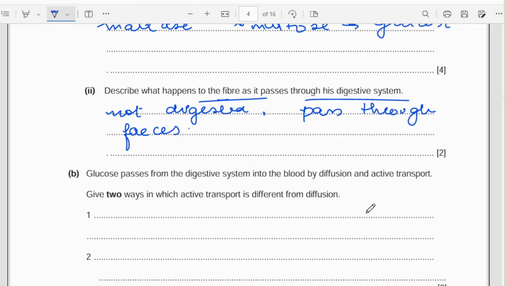Like in this question they have asked specifically about active transport, so you have to give features of active transport which are not there in diffusion, not the features which are present in diffusion but not in active transport. Don't mention those. Mention the features which are present in active transport but missing in diffusion.